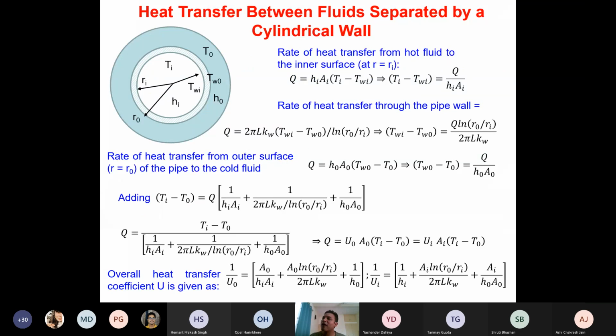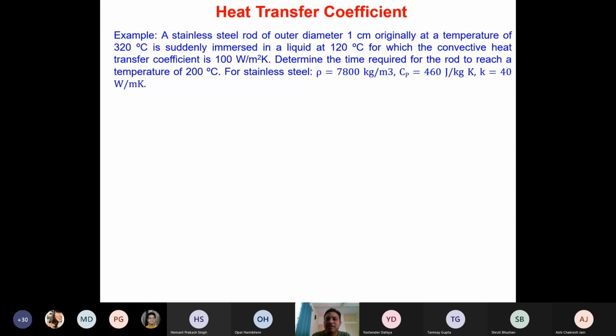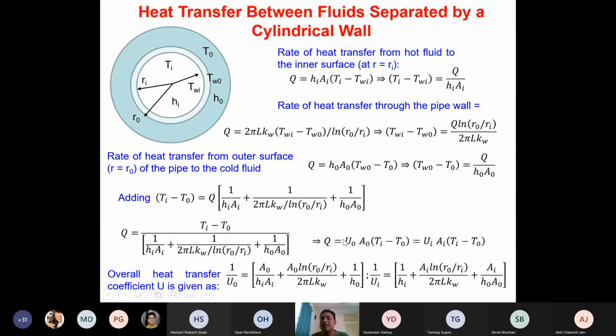Again, we have extended our analysis to a cylindrical surface when the area is not constant. In such cases, the overall heat transfer coefficient is defined either in terms of inside surface area or outside surface area, because the area of heat transfer is changing, isn't it?